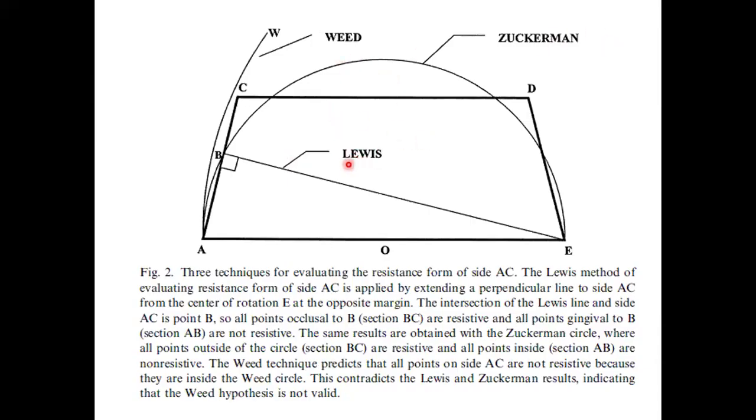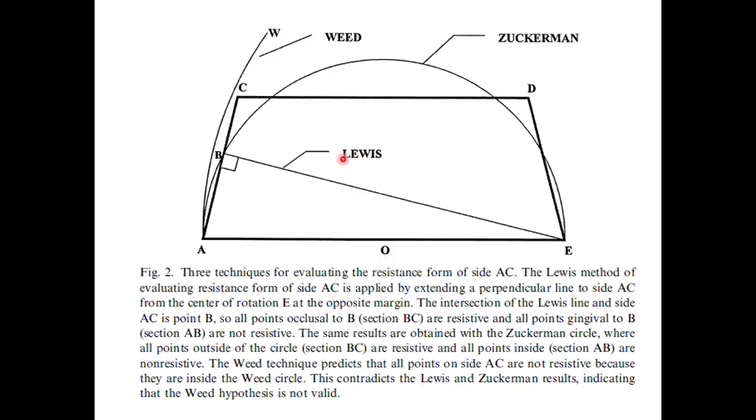Three people gave the concept of till what level and on what angulation you should prepare. But the concept given by Weed failed because it was not properly approved, or it didn't have any hypothesis that would validate his concept.